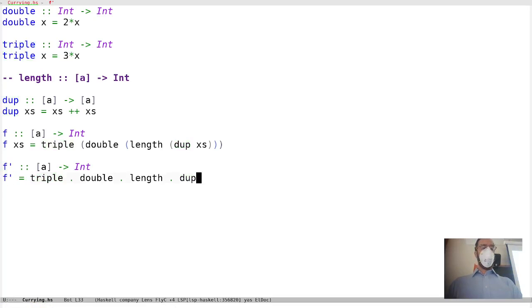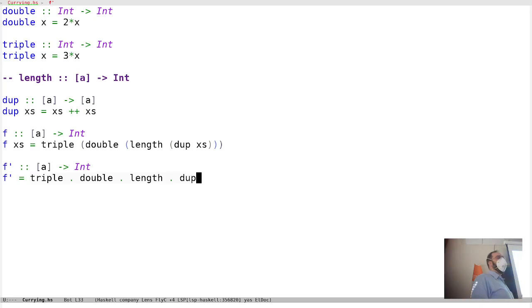So first of all, do you all agree that this operator composes 2 functions, but when we compose 2 functions, the result is a function, which we could then compose with more things, right? So that makes sense that we can iterate this.